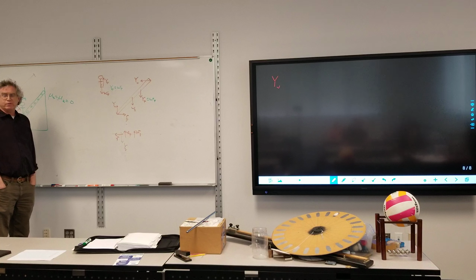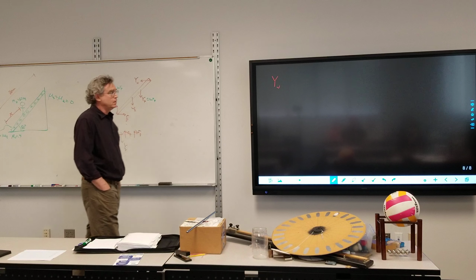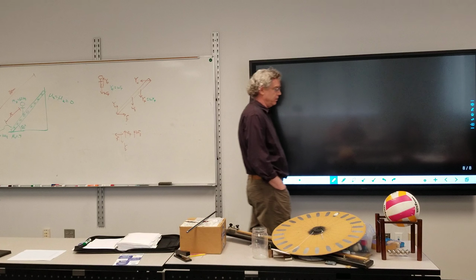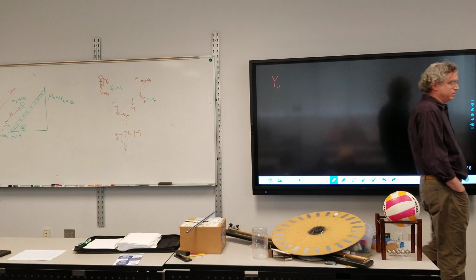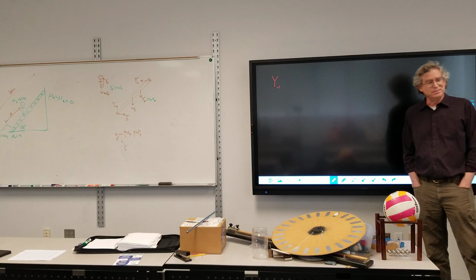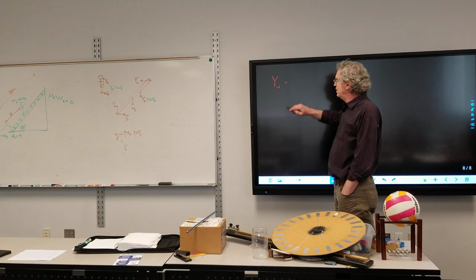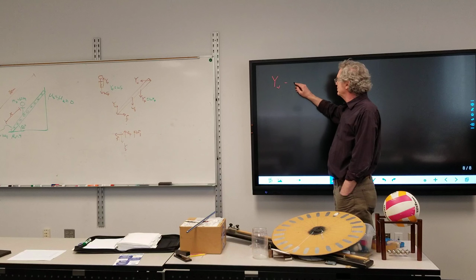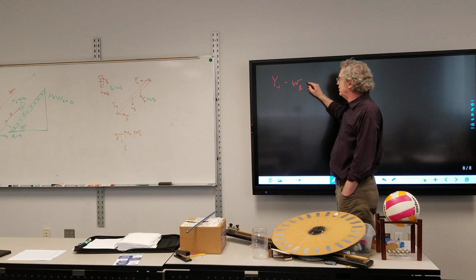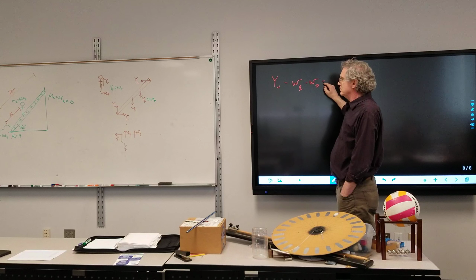So what are the linear equations for the ladder? Apparently Dominic, unknowingly, started this off. Y sub V minus W sub L minus W sub P is equal to MA.